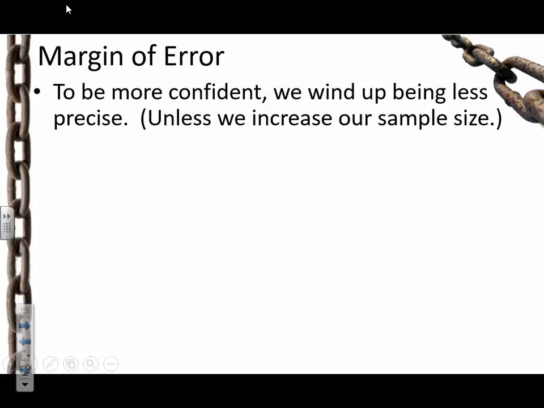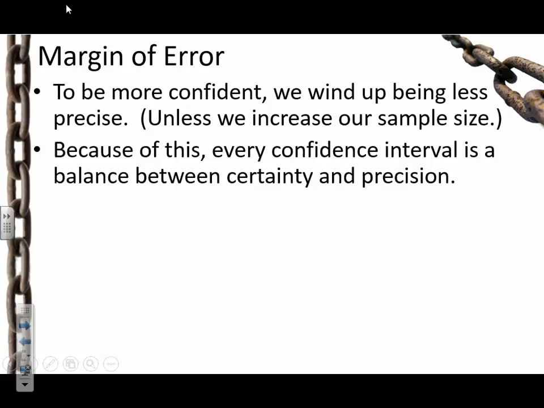Okay? So when you're setting up your confidence intervals, you always have to keep in mind this balance between certainty and precision. How certain are we that we capture the true value, but at the same time, how precise can we be in narrowing down that true value?